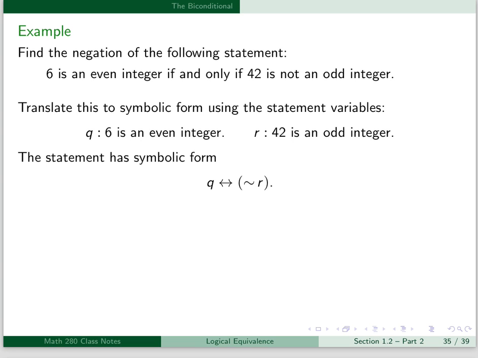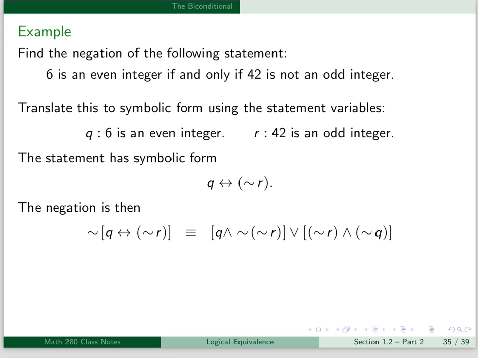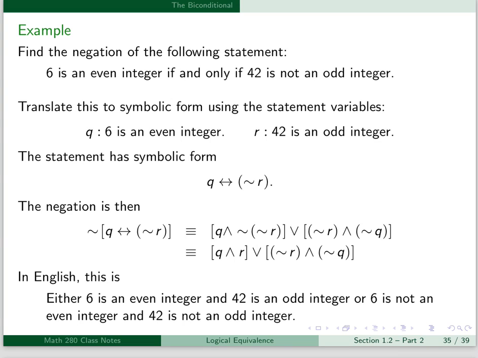The statement then has symbolic form Q if and only if not R. The negation is then the negation of the entire expression, Q if and only if not R. This is logically equivalent to Q and not R, or not R and not Q, which simplifies a little further to Q and R, or not R and not Q. In English, this reads either 6 is an even integer and 42 is an odd integer, or 6 is not an even integer and 42 is not an odd integer.